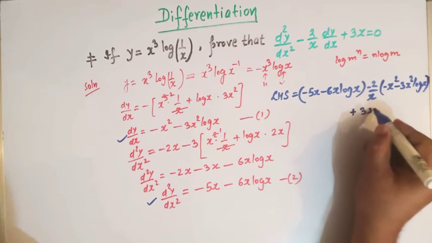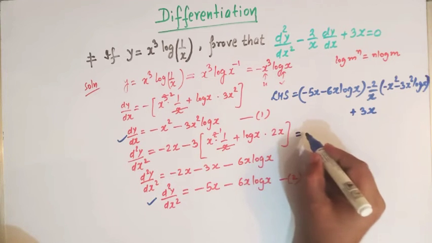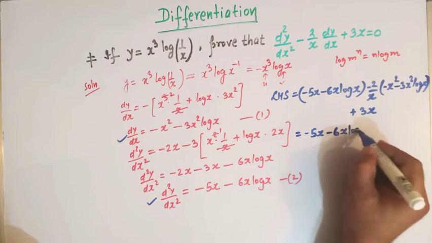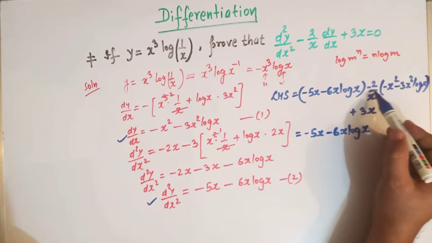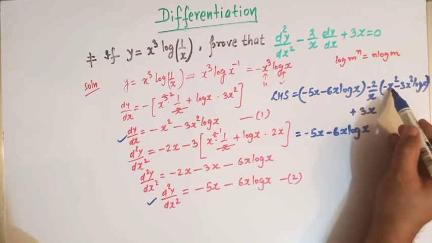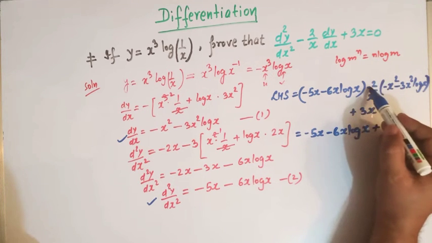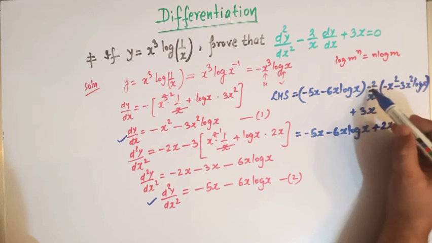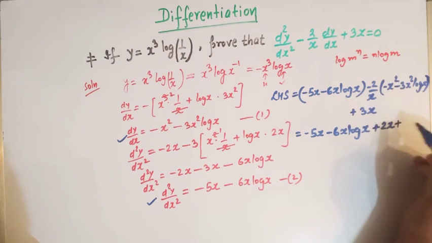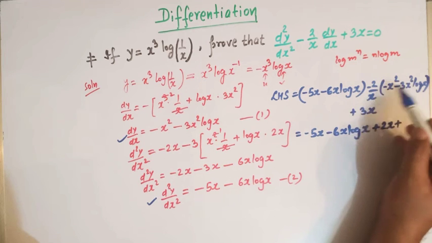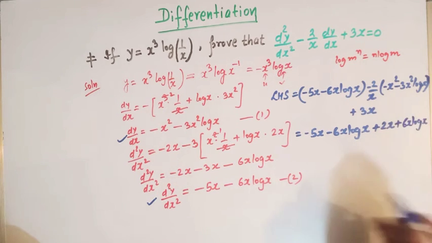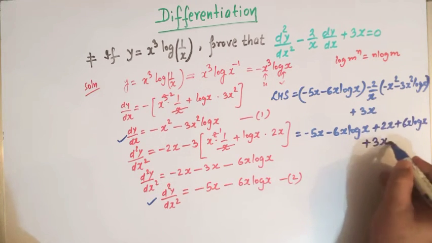plus 3x, right? So this is minus 5x minus 6x log x multiplying by minus 2 by x, so we have plus, minus and minus plus, 1x gets cancelled, so we have 2x, minus and minus become plus, 1x gets cancelled, so we have 2 3s are 6x log x, right, and plus 3x.